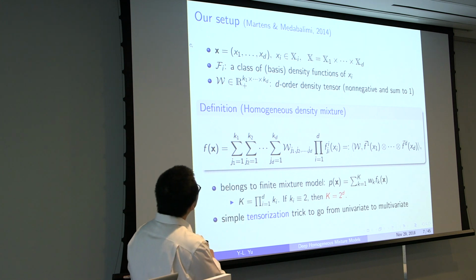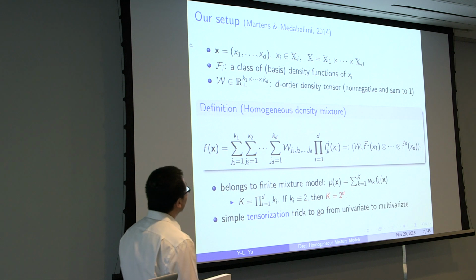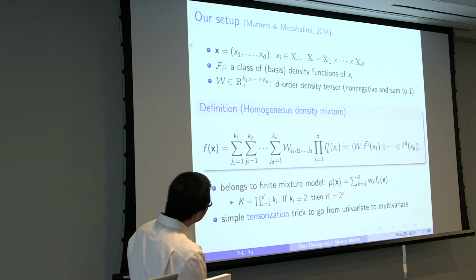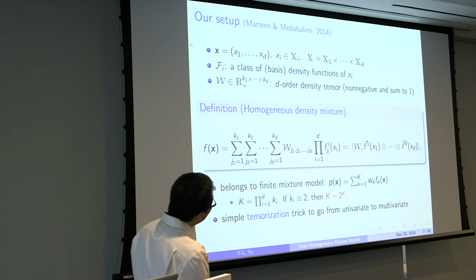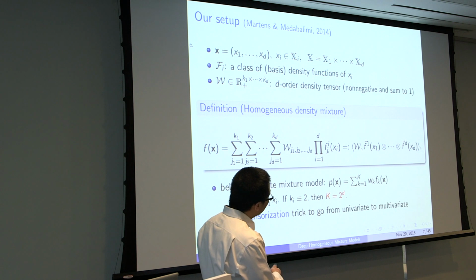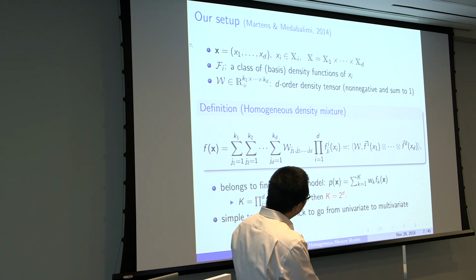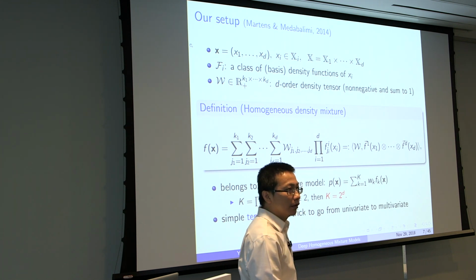Now, given these Fi and this tensor W, I can define the so-called homogeneous density mixture. It's given here. It's basically a summation of these weights given by the tensor W, times the product of these functions. The product is basically saying, for each variable xi, you take a function, and then you just multiply them together.